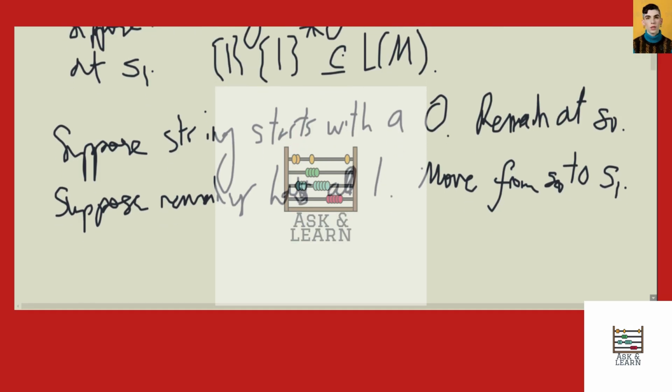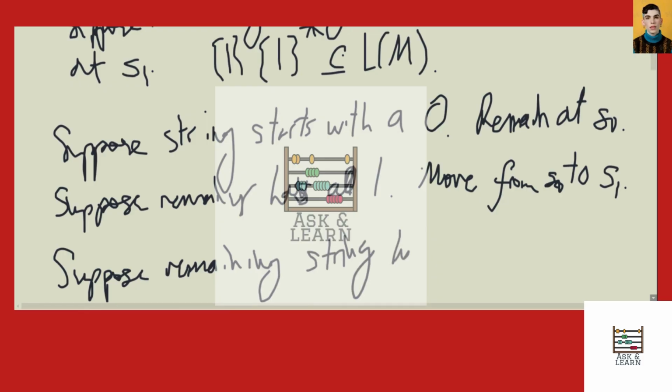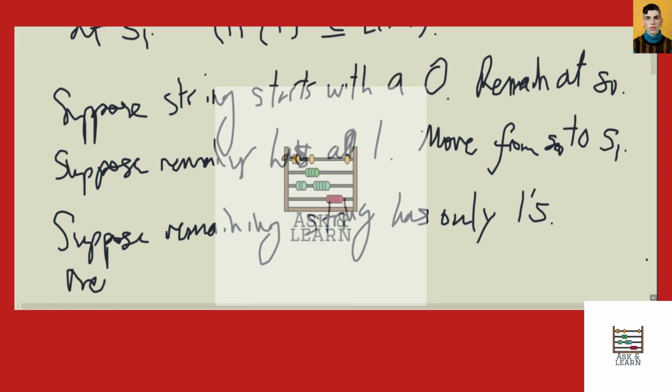And now, once we're at state S1, suppose that the remaining string contains only 1s. Then we're going to remain at state S1, which is a final state.